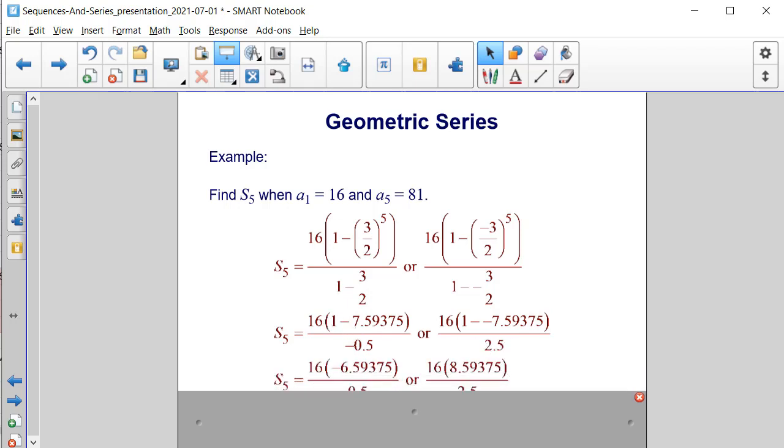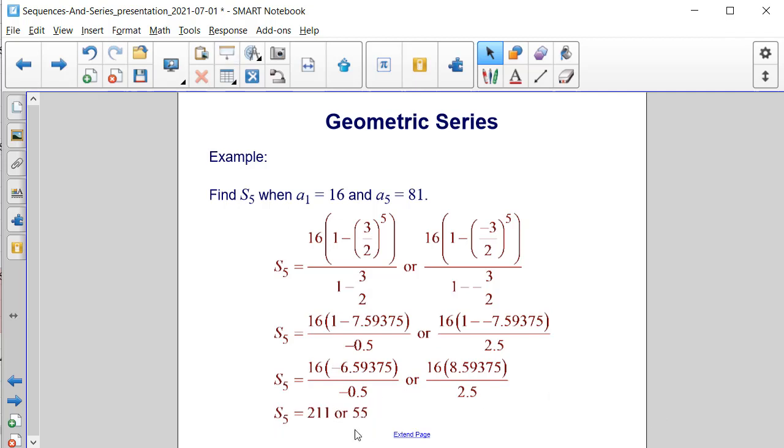Then if we evaluate this again, finish what's in the parentheses, we get negative 6.59375 and 8.59375. And then when we multiply and divide, we find out that our sum could either be 211 or 55. It depends on if the 3/2 is positive or negative.